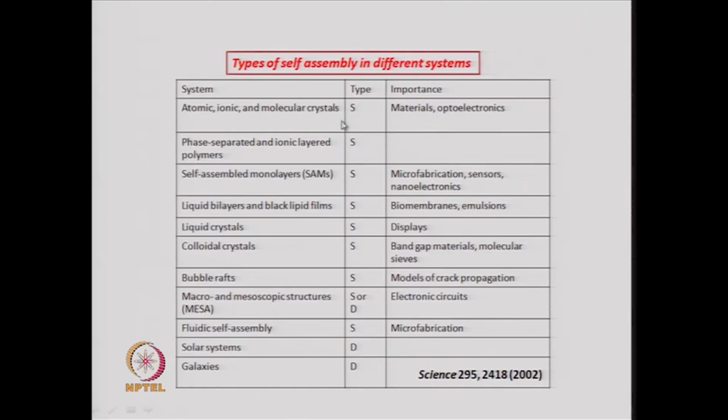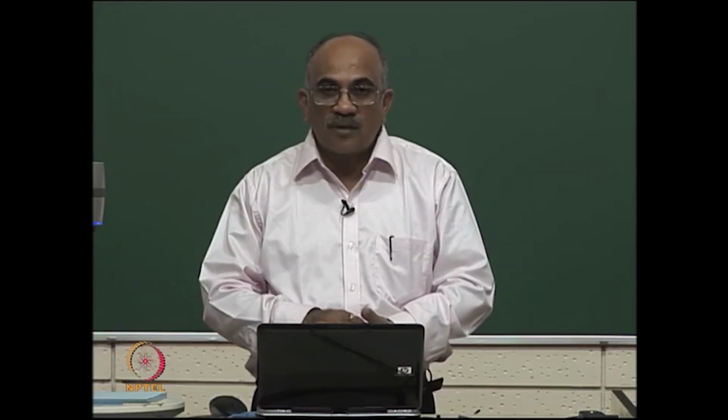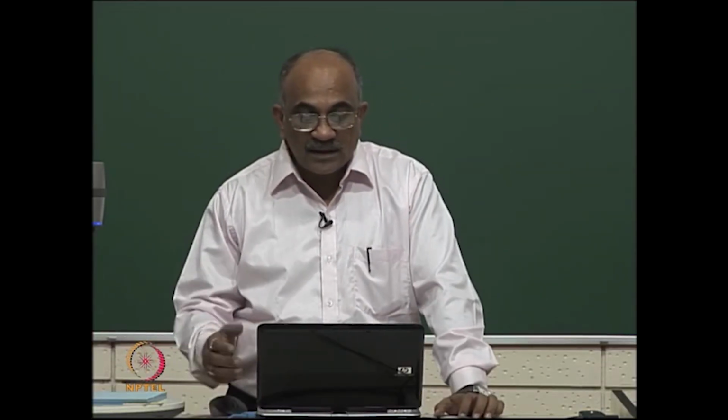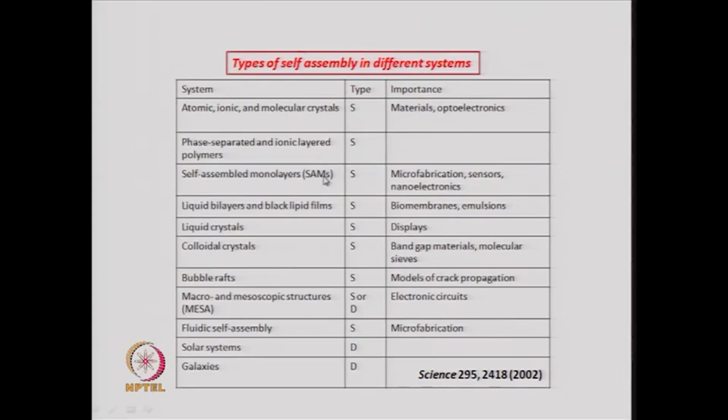There are many other cases. For example, self assembled monolayers, which are normally made on a film, on a liquid. You can make a monolayer of molecules on top of a liquid, and maybe we will discuss some examples in future. There also it is static self assembly, you are bringing molecules together on the surface of a liquid.